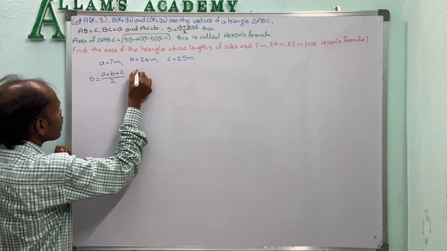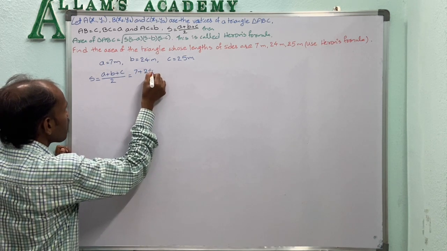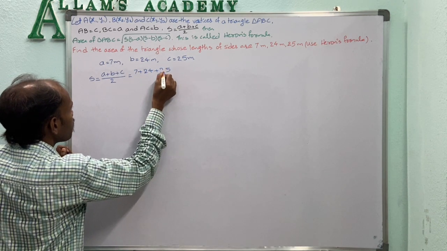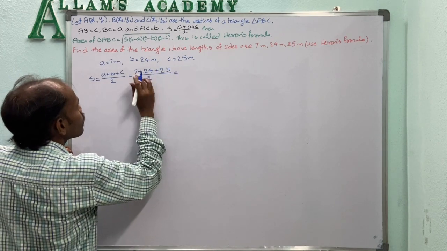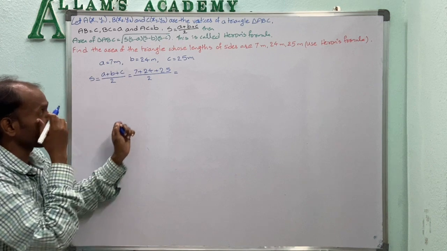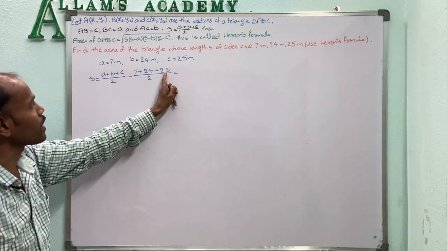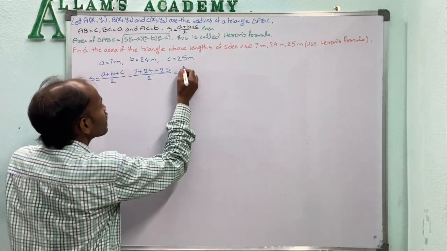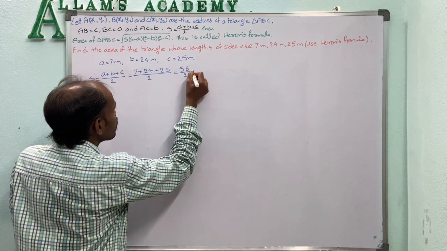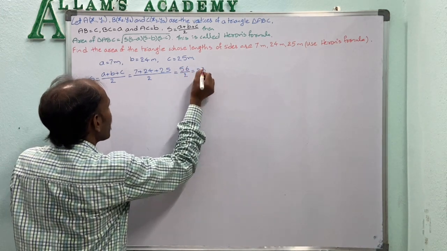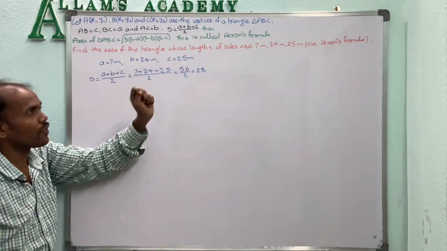That equals (7 plus 24 plus 25) by 2. So 7 plus 24 equals 31, 31 plus 25 equals 56, and 56 by 2 equals 28. So the S value is 28.